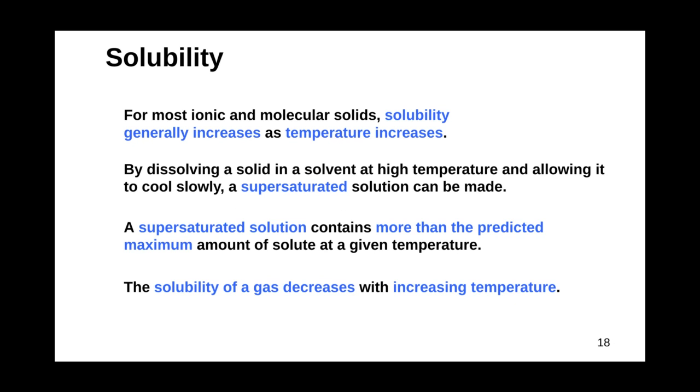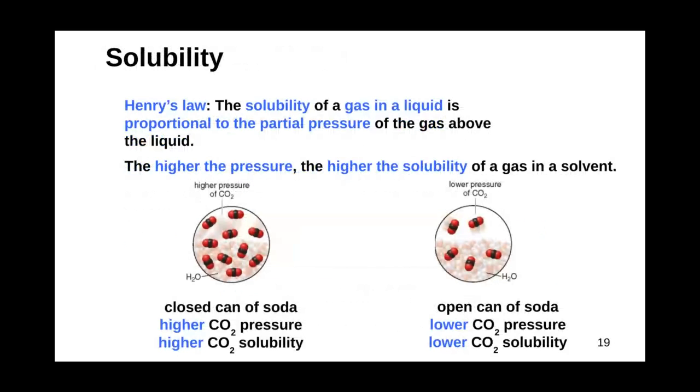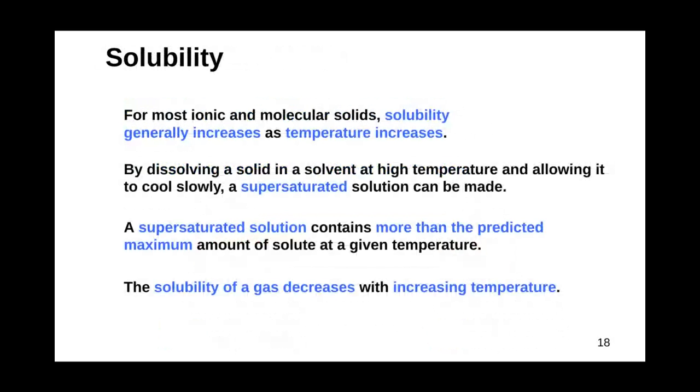So if we can only do 100 grams of sugar into 100 milliliters of water, and I heat my water up to boiling temperature and I dissolve 500 grams of sugar into 100 milliliters of water, and I cool that down and the sugar stays all dissolved, I then have a supersaturated solution. Just as a note.